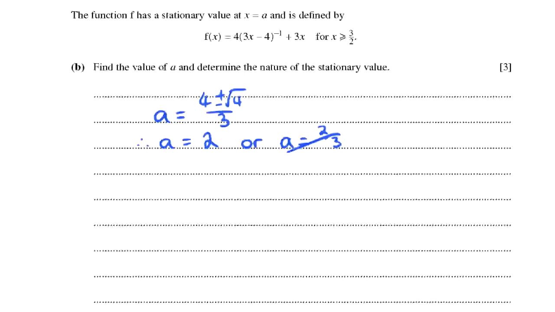A equals 2, and we need to find the nature of this stationary value. To do that, we should differentiate the function twice and put the value in, or we can put the value on either side of 2 into the first derivative and work it out that way.